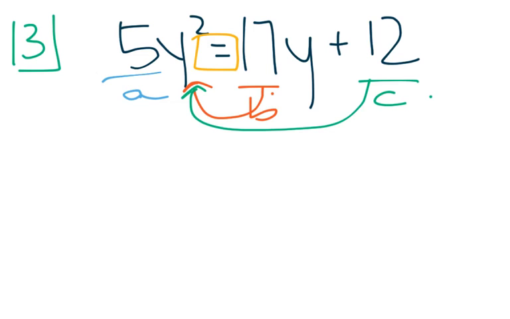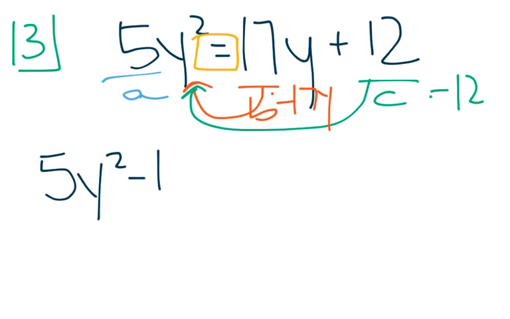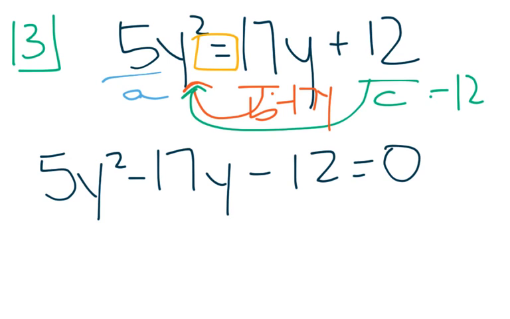So what we're going to do is subtract 17y from both sides and subtract 12 from both sides. So now we have 5y squared minus 17y minus 12 equals 0.